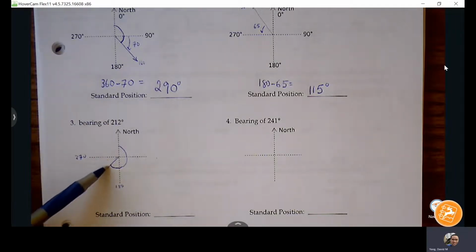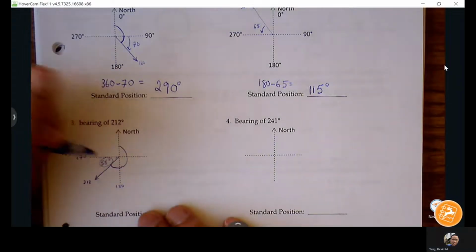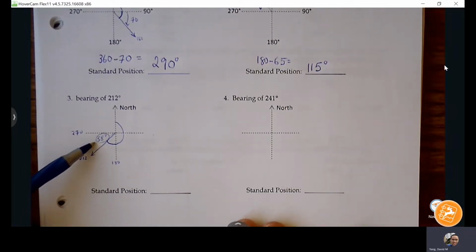So let's say I wanted to go after this here, 270 minus 212. So if I know that it is 58 degrees past the negative x-axis, I can use that to help me find my true third quadrant measure.